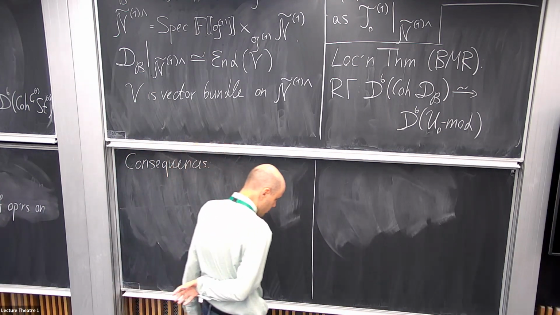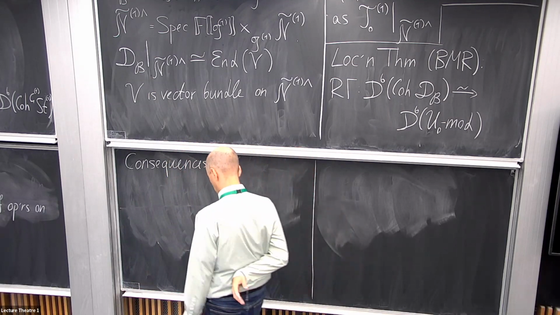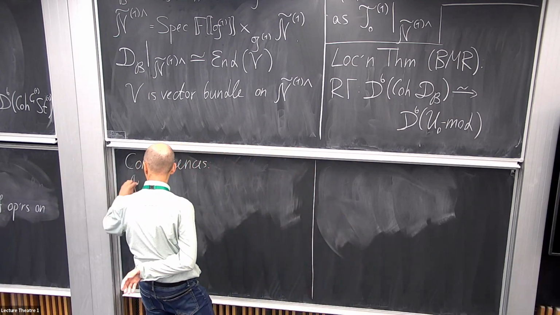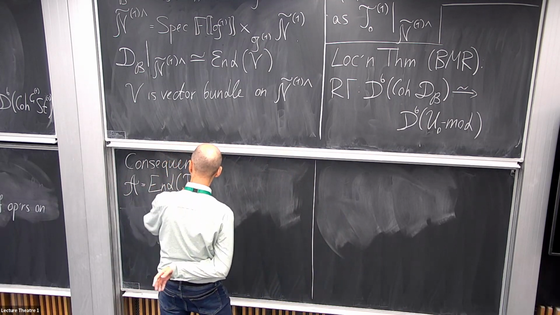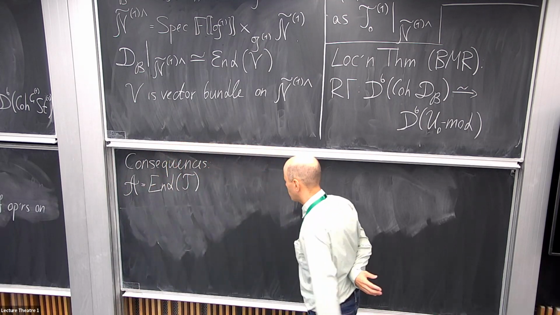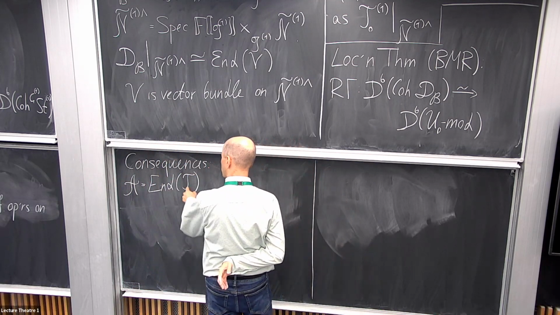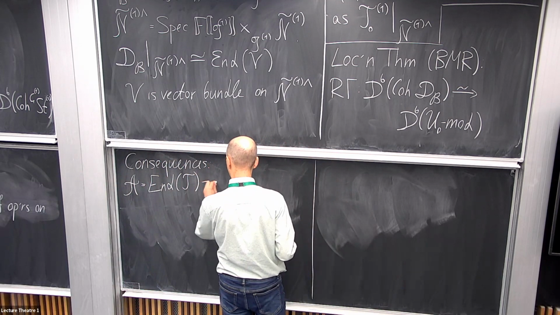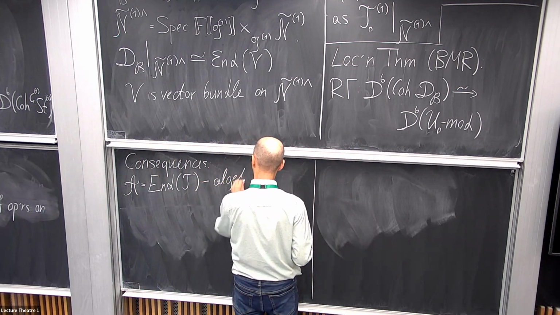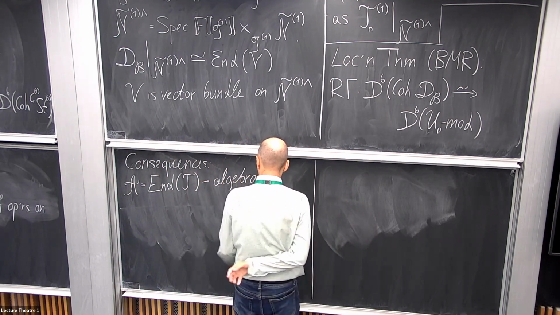For which I will need to introduce a bit more notation. We're going to have A, which is global endomorphisms of T tilde. So T tilde is a sheaf on G tilde, and therefore this is going to be an algebra over what?